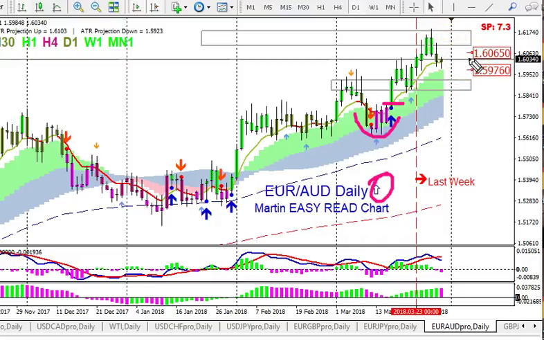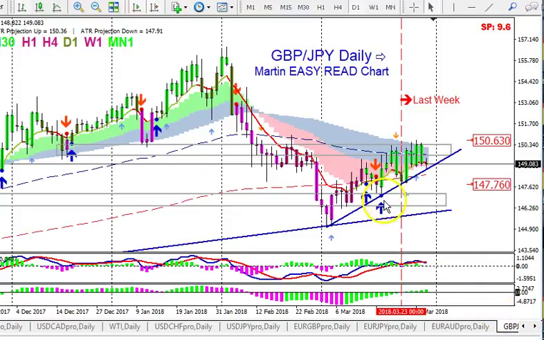I would look at buys above 160.65 to the upside. If you think price is going to go lower, then below 159.76, okay? So that is the EURAUD.